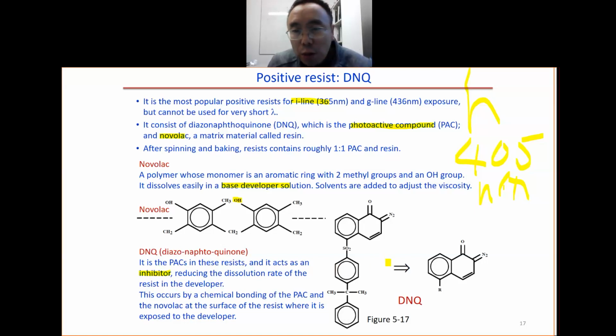So now let's look at what will happen when the light shines on. So here you can see we have this N2 group. So this one is something like N, another N, a triple bond, N2 group. So when you shine the light, there will be some chemical reaction of this part.